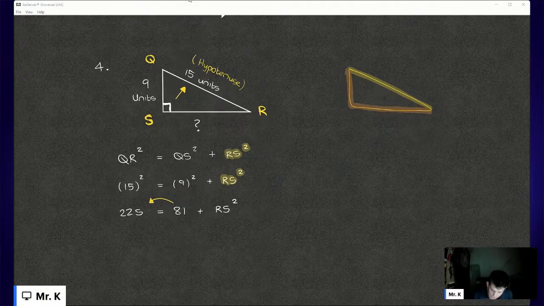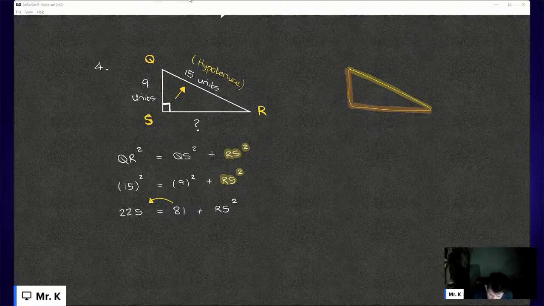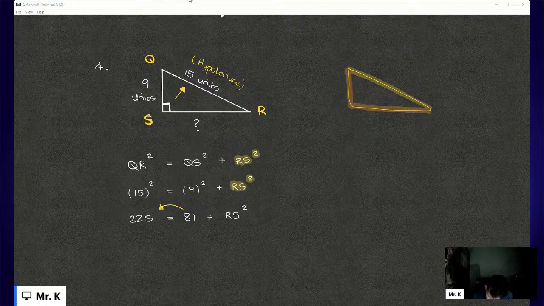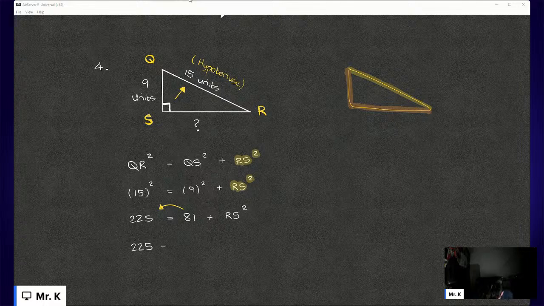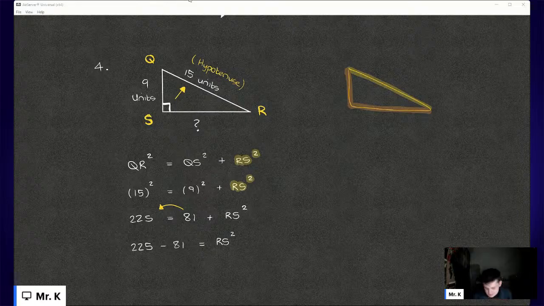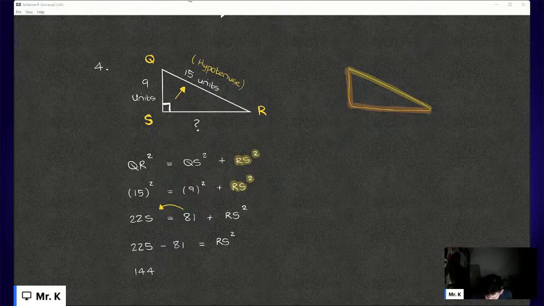And when I do that, the sign must change. So on the left, we're going to have 225 minus 81 is equal to RS squared. 225 minus 81 gives us 144 on the left-hand side, equal to RS squared.